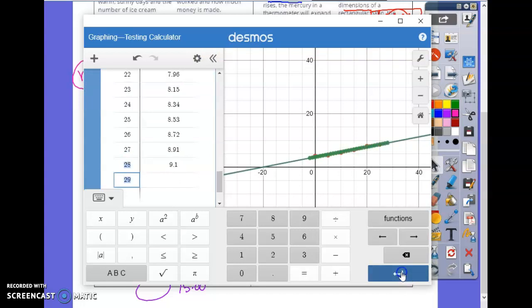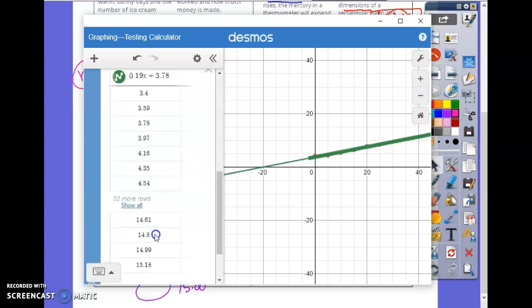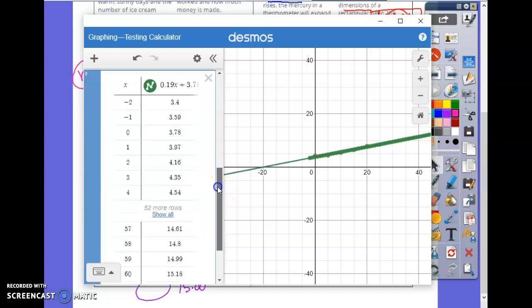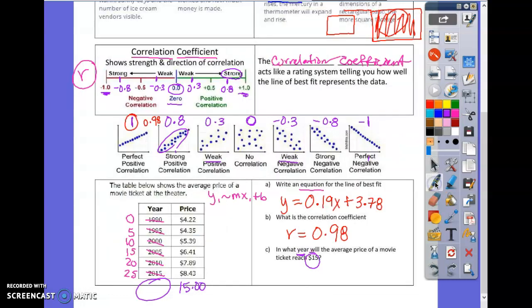Keep pressing enter until you reach 15. How long is that going to take? It would be around 59 or 60, right? One of these two. Where is it at? Because 59 gives me 14.99, that's almost 15. And then 60 gives me 15.18. So let's just say 59, we will reach $15. So 59 years later.